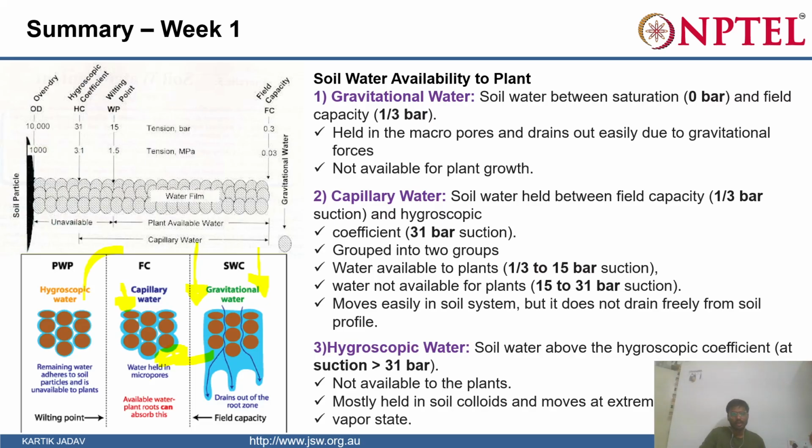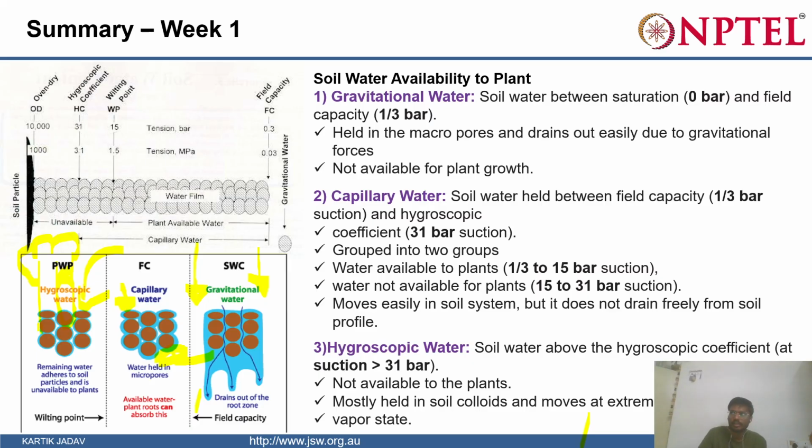And then you have hygroscopic water. This hygroscopic water is at the permanent wilting point, so the soil tightly holds water on the surface of the particles. In this condition, if you have a plant and your soil is at a hygroscopic condition, what will happen? There are always trade-offs. The plant says, I want water, and the soil says, I also want some water.